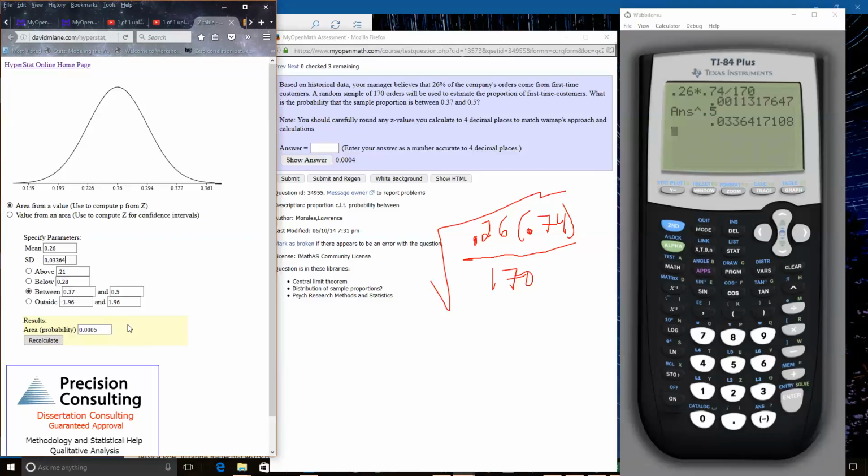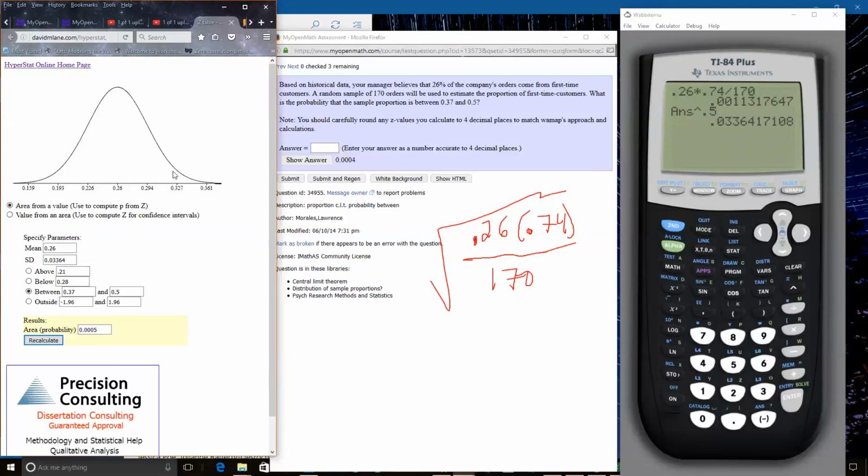Let's round that to 0.0336. It didn't make that big a difference, huh? I'd like to be able to get that answer. Well, I don't know if I'm going to be able to get exactly it, but that's what you do.